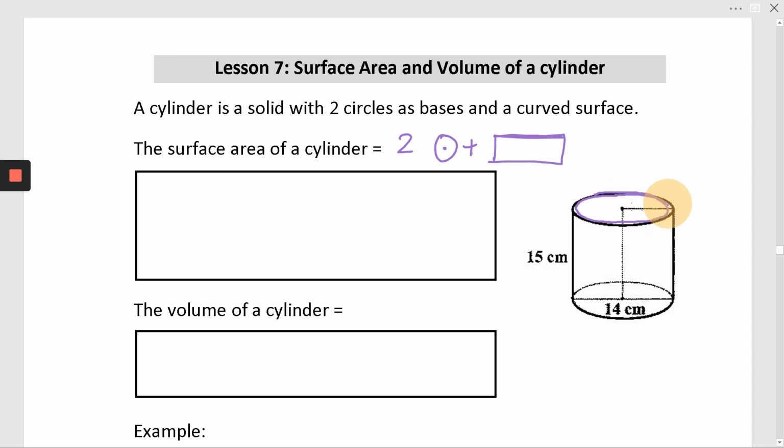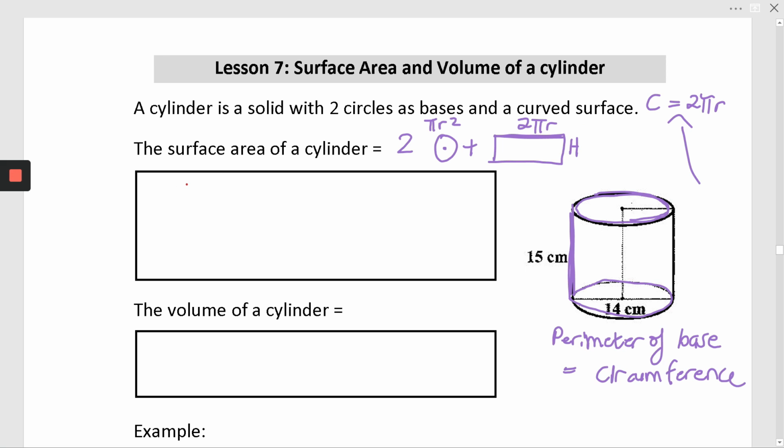It's the same as the circumference. Circumference equals 2 pi r. So the length of this rectangle bit is 2 pi r. And the height or the width of that rectangle will be the same as the height of the prism.